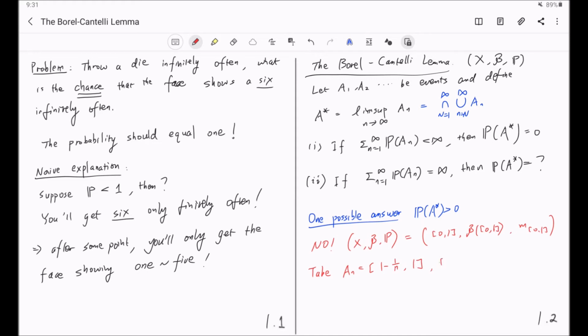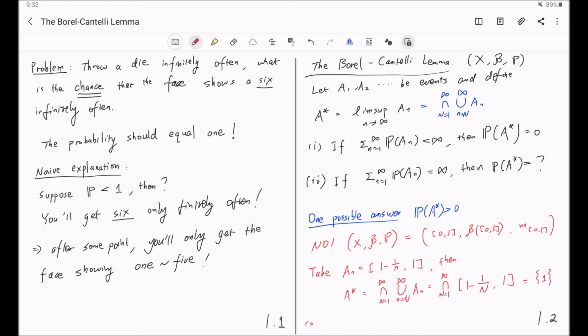It follows that A star, which is the intersection from capital N equal to 1 to infinity of the union when n is from capital N to infinity of A sub n, is equal to the intersection over capital N from 1 to infinity of the interval from 1 minus 1 over capital N to 1, which is equal to the singleton 1.